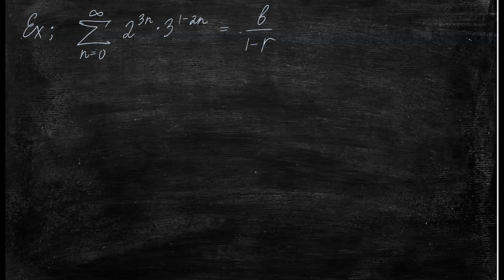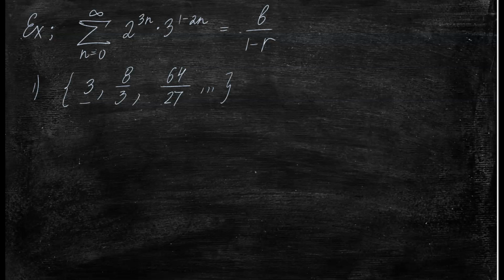Now, we can try to just plug in some values, like for example, when n is 0, what are the terms? We're going to have 3. When n is 1, we're going to have 8/3. When n is 2, we're going to have 2 to the 6 is 64/2, so 3 to the -3, so it's over 27, and so on.